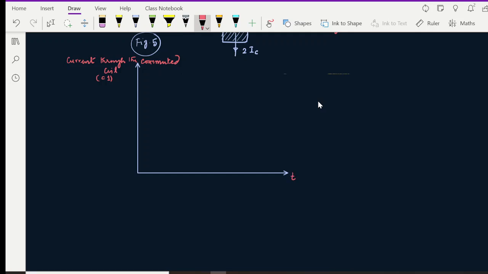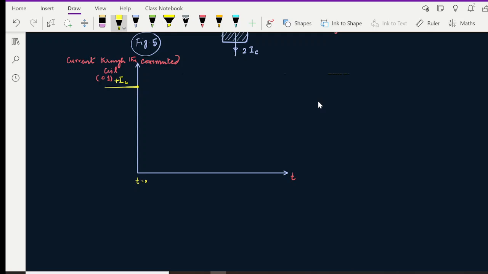So what we have seen throughout is, let us assume this is time t equal to 0, where in coil 1 the current direction is positive, and the magnitude is plus IC, and the current is maintained at IC. Once the process of commutation started, what happens?